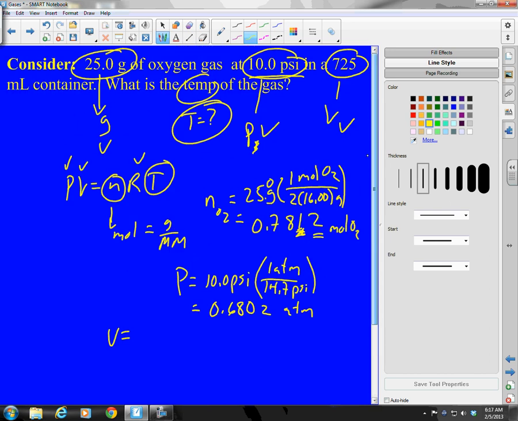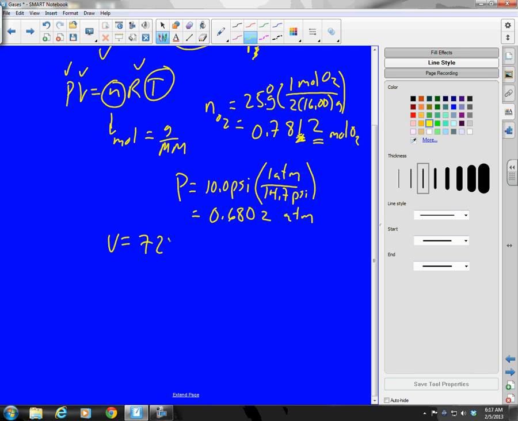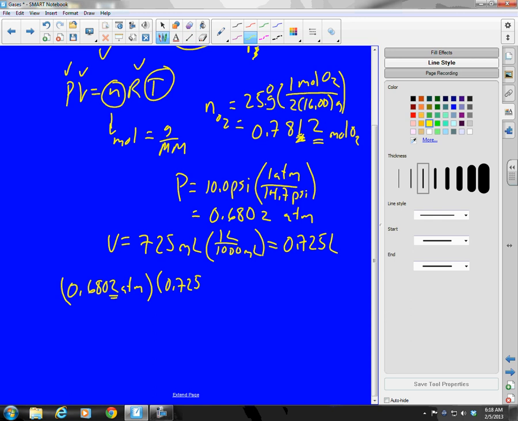And what's my volume? It is 725 milliliters, but there are 1 liter in 1,000 milliliters. So that's equal to 0.725 liters. Okay, I have everything I need. P, what's P? 0.6802 atmospheres. Good. V, what's V? V is 0.725 liters.